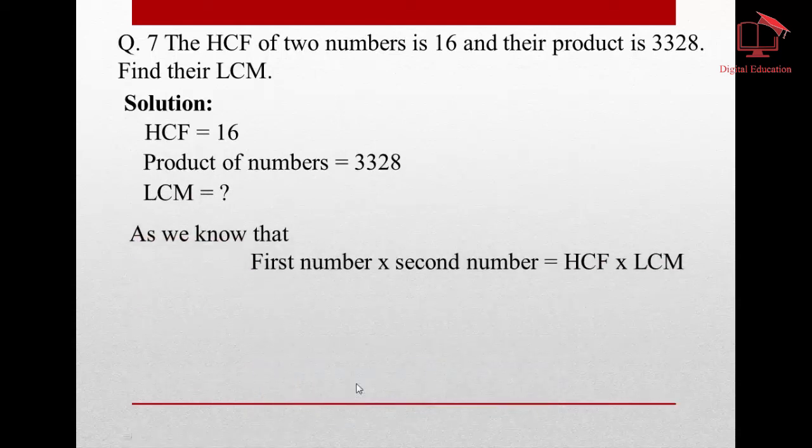Same as the previous questions, we have the same formula. We will write the formula. After writing the formula, we will put our values. Here you can see 16 is multiplied. Here we will carry it forward to the left hand side. Now this 16 is divided. Sorry, you will change this. 3328 is divided by 16. So we got the answer 208.